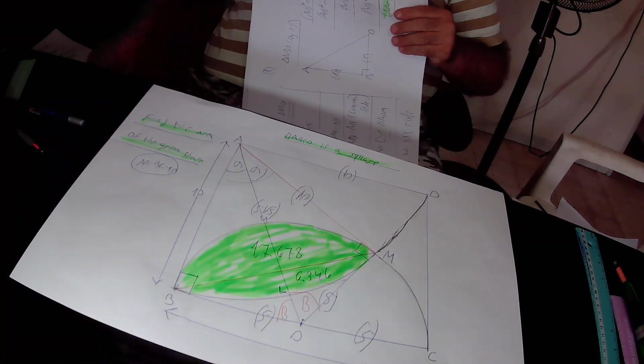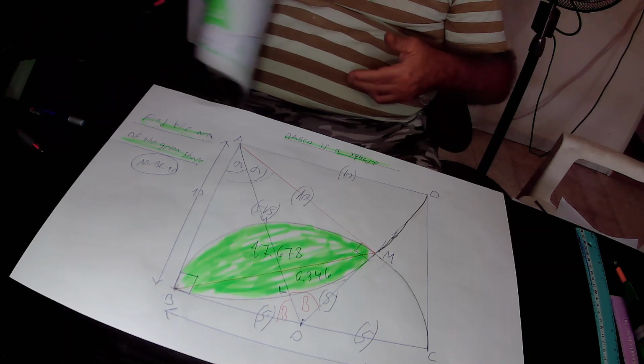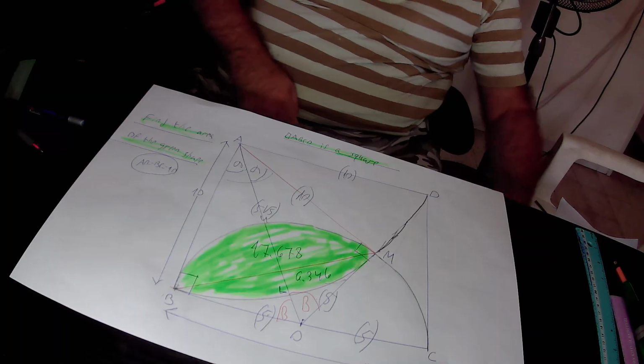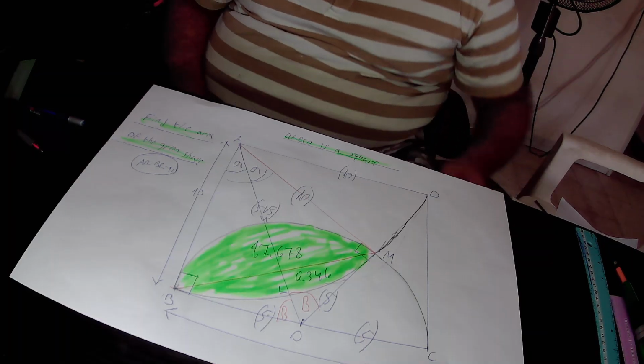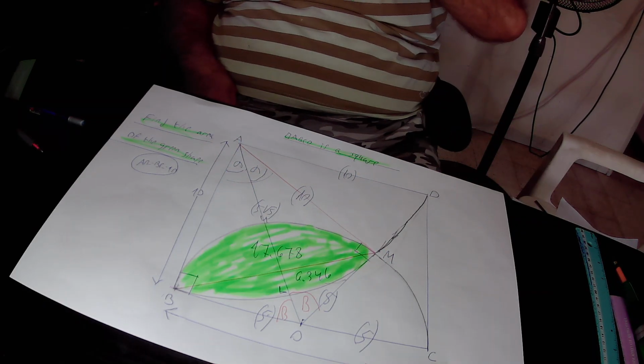In the second question, our task is to find out the area of this green shape.